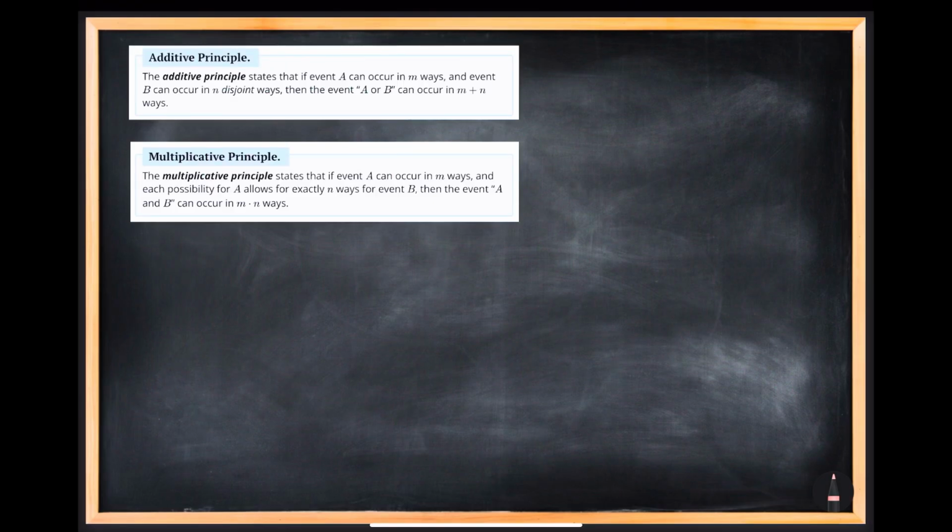Okay, so in this session we will study the principle of counting. We will understand how we can count things. We have two principles. First is the additive principle, second is the multiplicative principle.